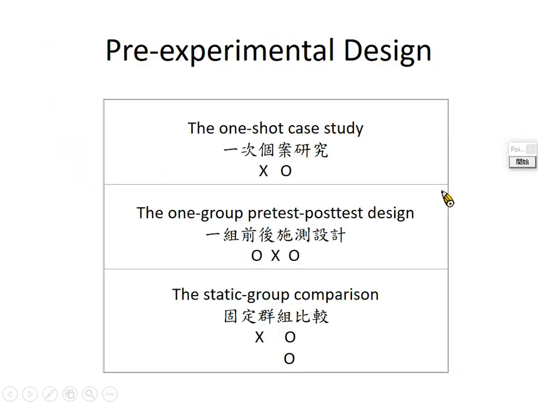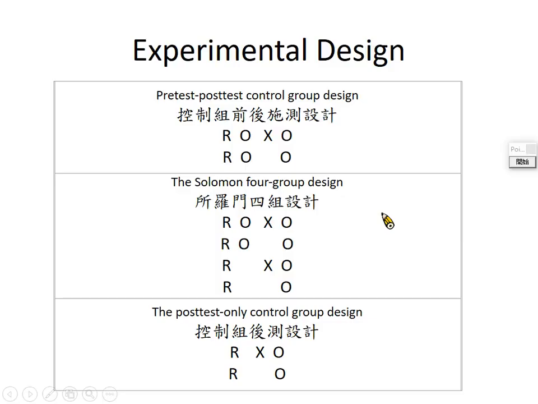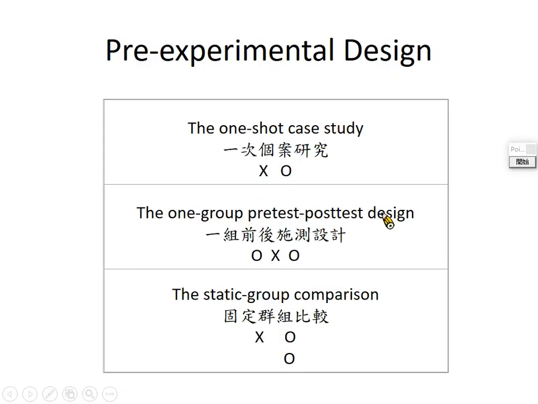And let's talk about design. Now it's the real stuff. Basically, we have 3 general categories of research design: pre-experimental design, quasi-experimental design, and experimental design. And for the notation, we have X and O, right?